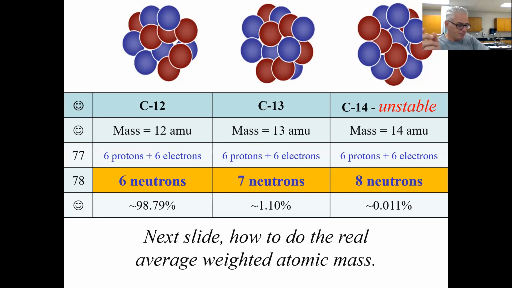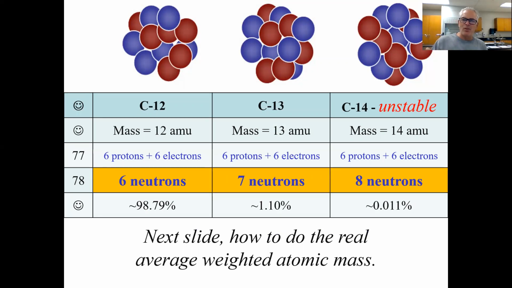Carbon 14, even though it only has 2 extra neutrons, the ratio of neutrons to protons falls into what's considered to be an unstable zone. Right? 8 to 6, that doesn't feel good. 7 to 6 or 6 to 6 feels good. 8 to 6 doesn't feel good.